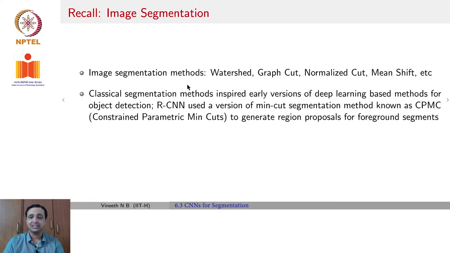In fact, RCNN, which uses selective search to get region proposals, used a min-cut segmentation method known as CPMC, constrained parametric min-cuts, to generate the region proposals. But we'll now move on to deep neural networks for segmentation.